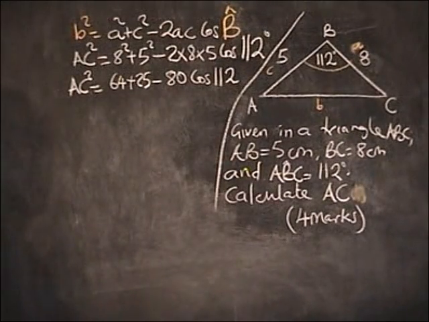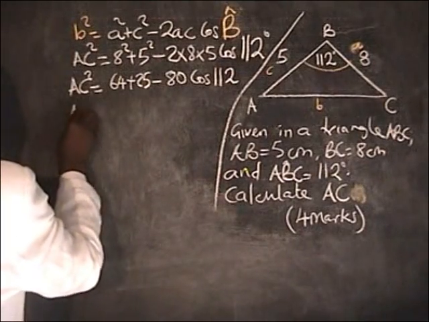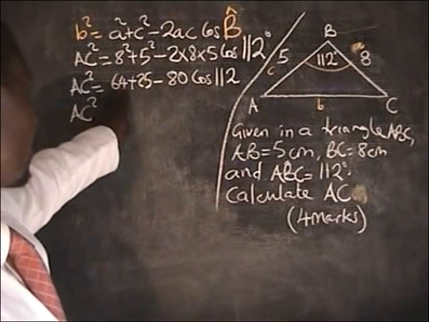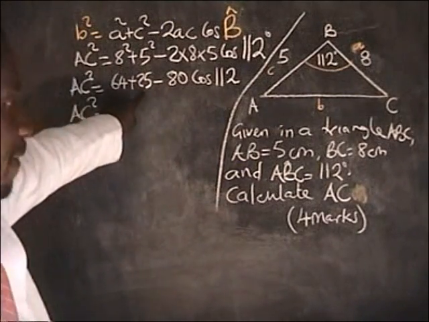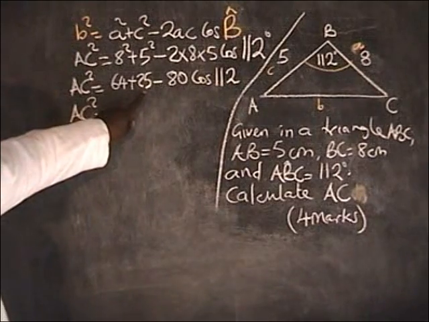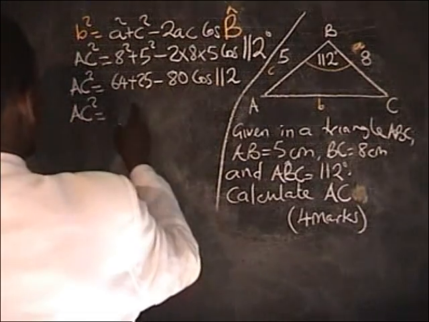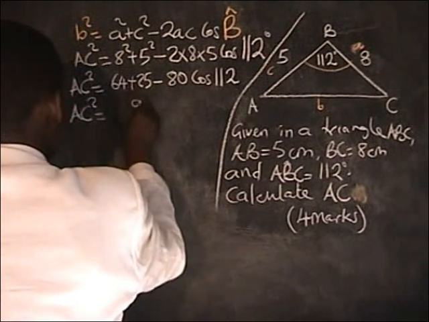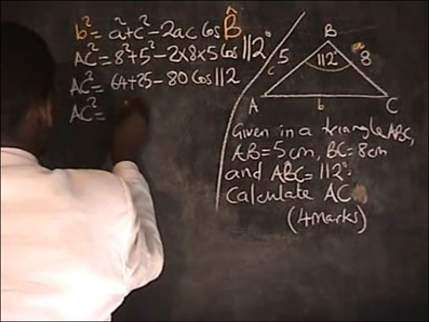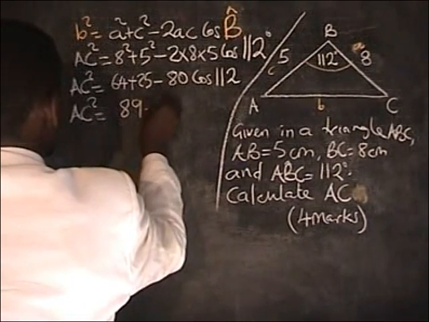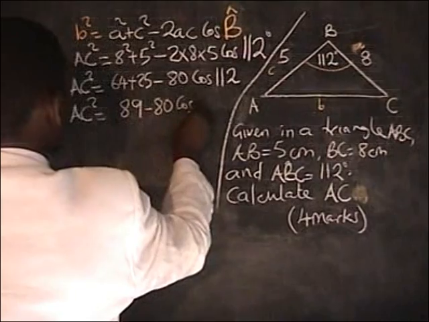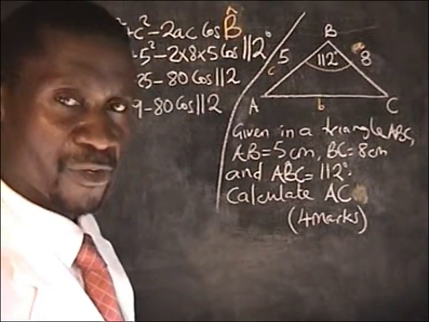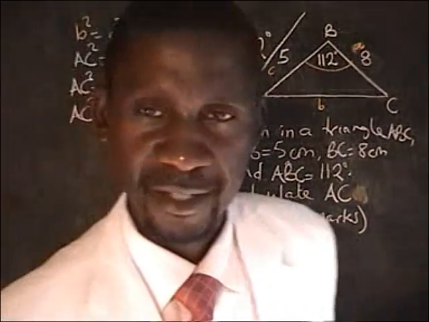Then from there, AC squared equals the sum of these two numbers, 64 and 25. What is the sum of 64 and 25? 4 plus 5 is 9, then 6 plus 2 is 8. This is 89 minus 80 cos 112. Most of you out there, when you reach that stage, you tend to make mistakes.